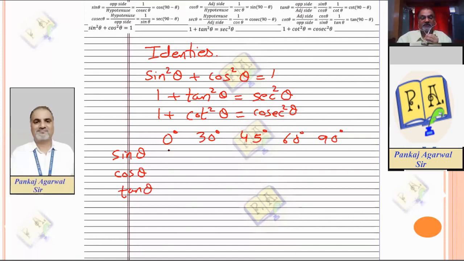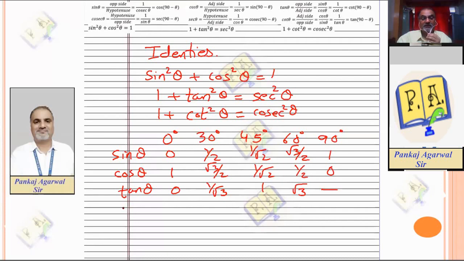Sin theta is 0, 1 upon 2, 1 upon root 2, root 3 upon 2, 1. Cos theta, write this right to left: 1, root 3 upon 2, 1 upon root 2, 1 upon 2, and 0. And tan theta is 0, 1 upon root 3, 1, root 3, not defined.